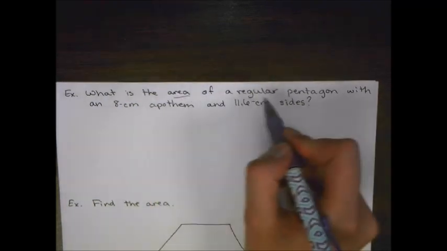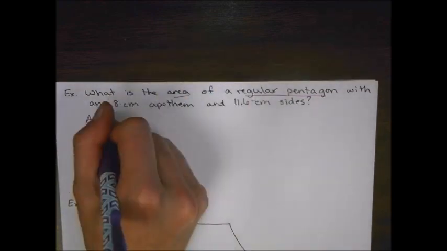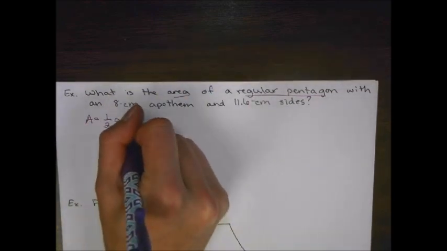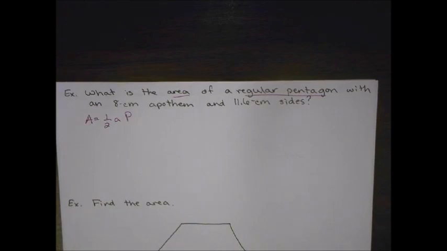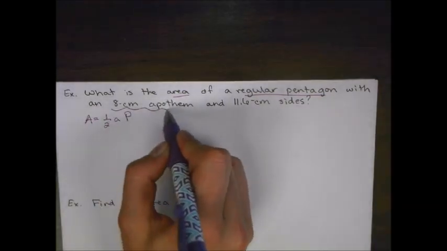So we're finding the area of a regular pentagon. Area of a regular figure is 1/2 apothem times perimeter. Well, I know my apothem is 8.